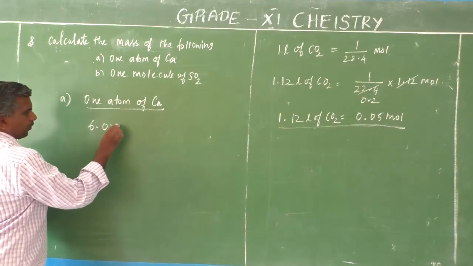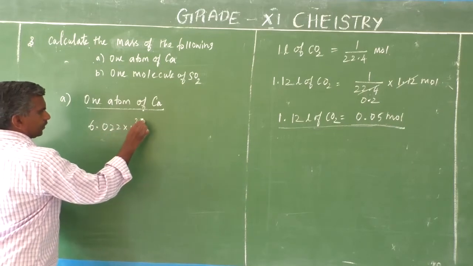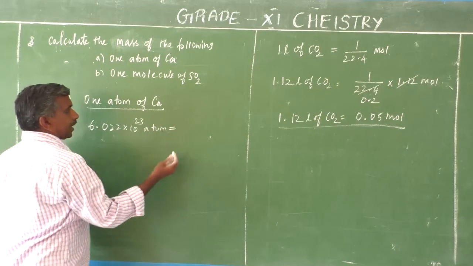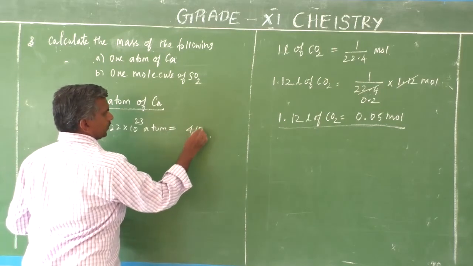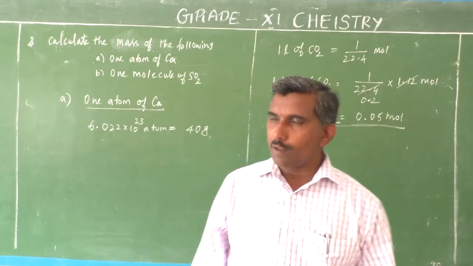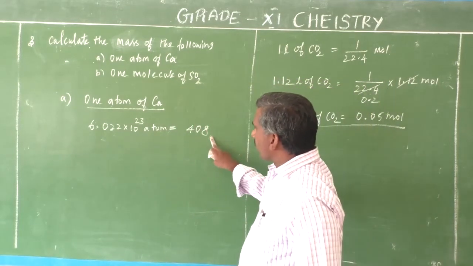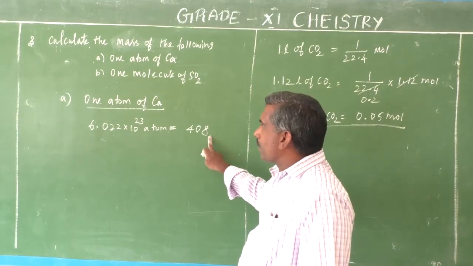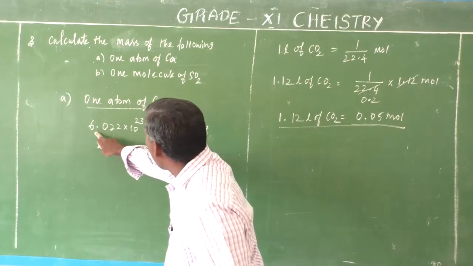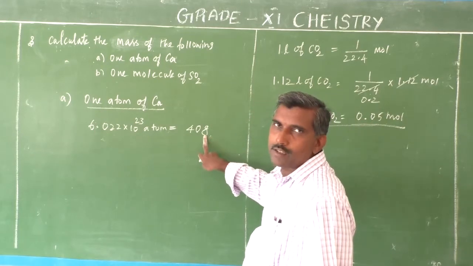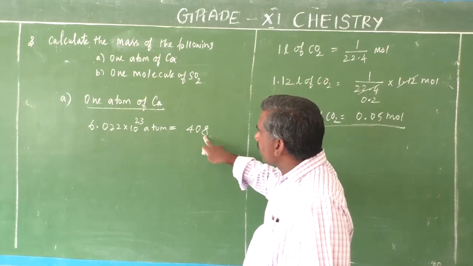You know, the Avogadro number of atoms is equal to the atomic mass of the element, 40 grams. Atomic mass expressed in grams is known as gram atomic mass. So the Avogadro number of atoms equals the atomic mass.